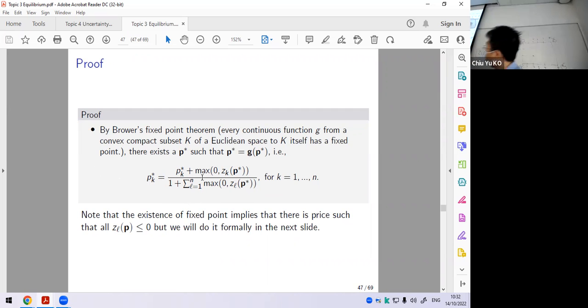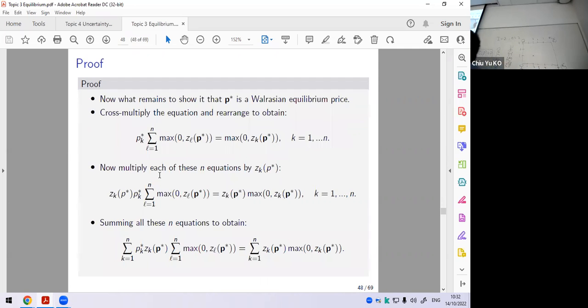So why are we doing this? Because next, since a price exists, we'll manipulate this equation. How do we manipulate? We multiply the denominator to both sides. We'll try to show this price is actually a Walrasian equilibrium price, where the excess demand is non-positive.